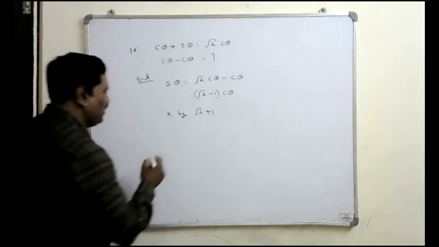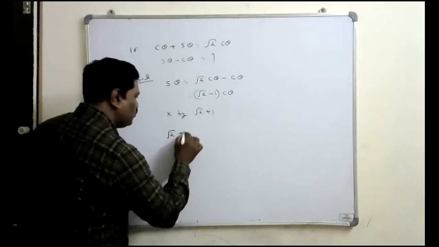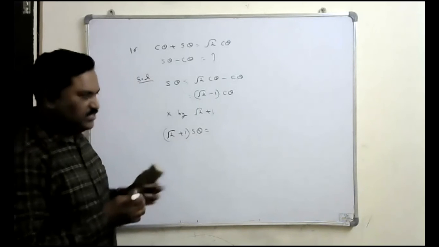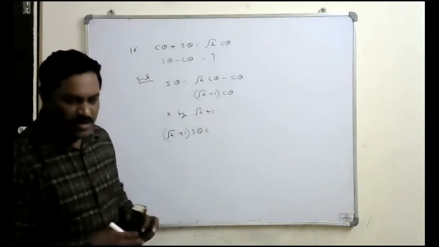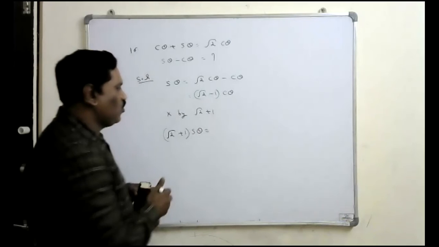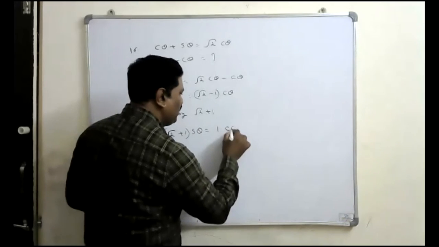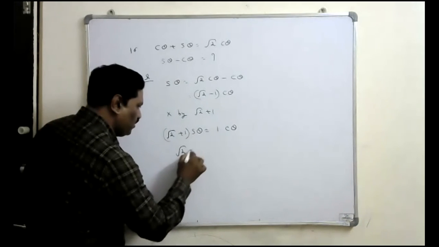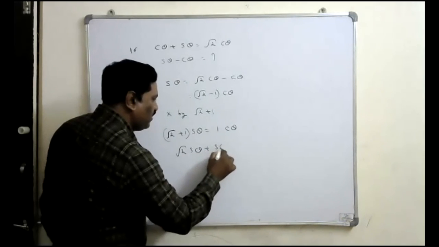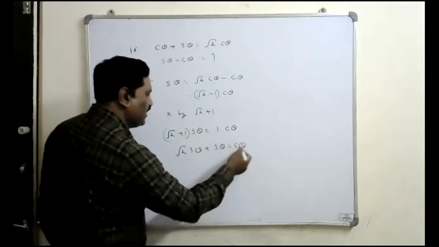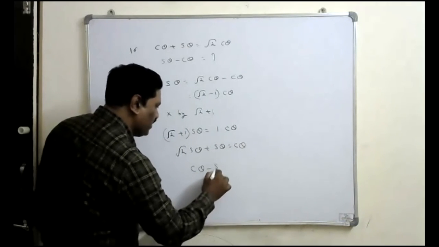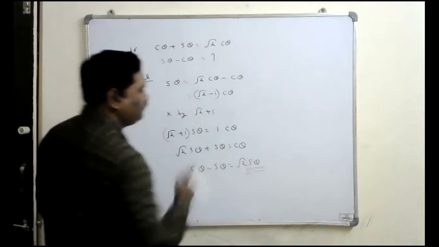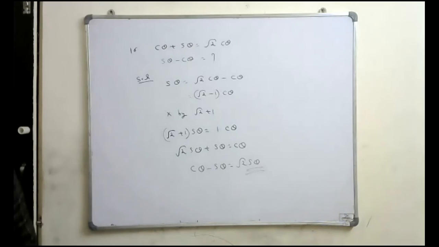If you do so, that is root 2 plus 1 into sin theta is equal to, multiplying root 2 plus 1 into root 2 minus 1, that is a square minus b square, that is 1 into cos theta. Then root 2 sin theta plus sin theta is equal to cos theta, and sin theta to the other side, and cos theta minus sin theta is equal to root 2 sin theta is the answer. So that value is root 2 sin theta.